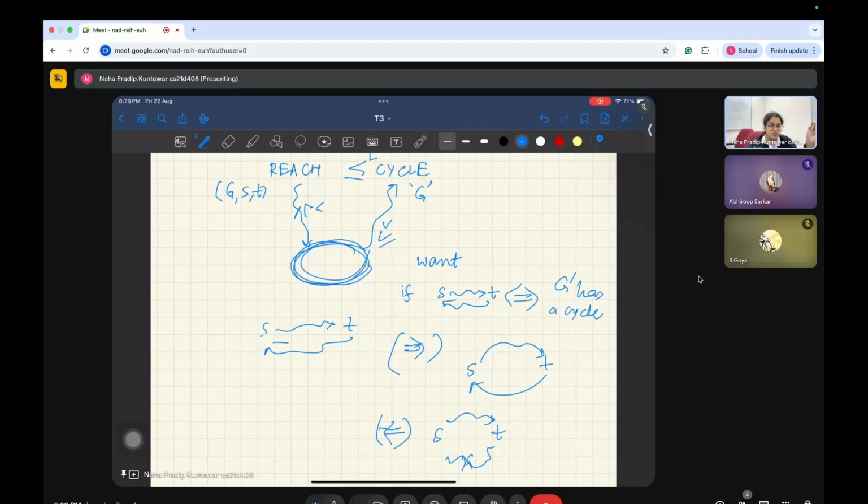You can think of it: maybe there is some path like this, and there is some cycle here. So there is an S to T path, there does not exist a T to S path, but there is a cycle in the graph.